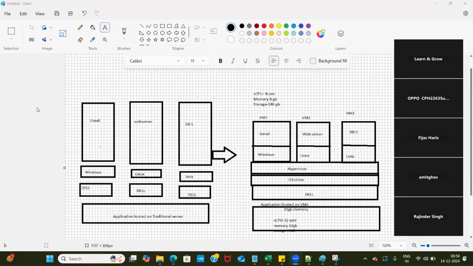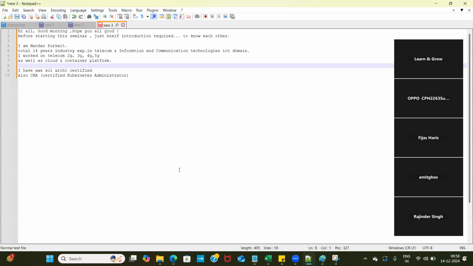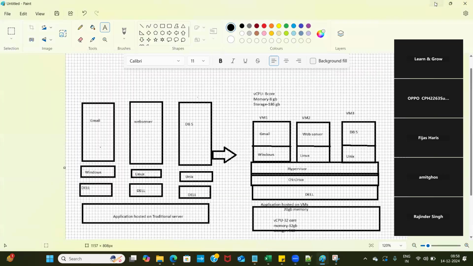Now, anyone have an idea about the container? Let me know. Anyone, anything about the container?